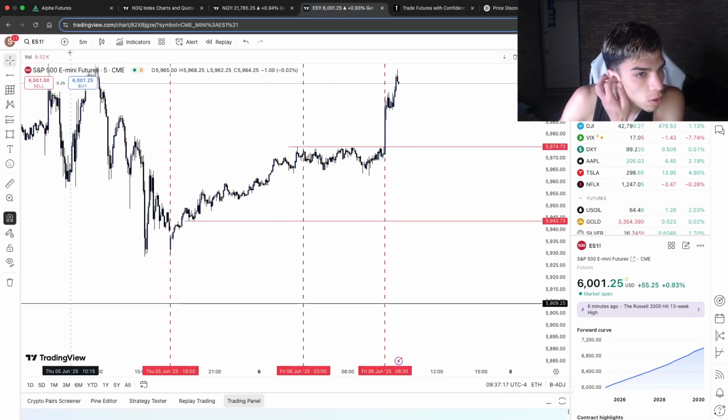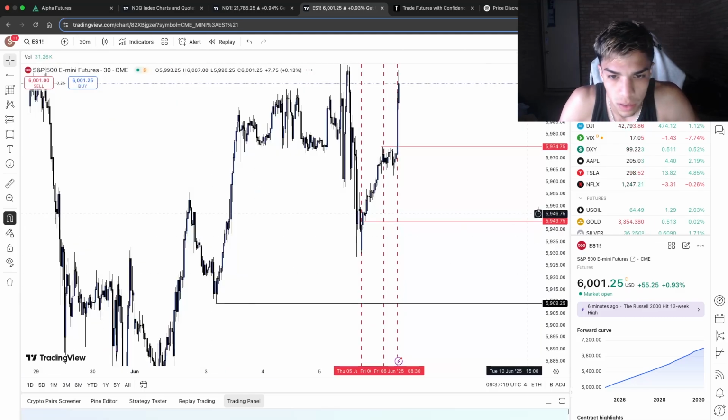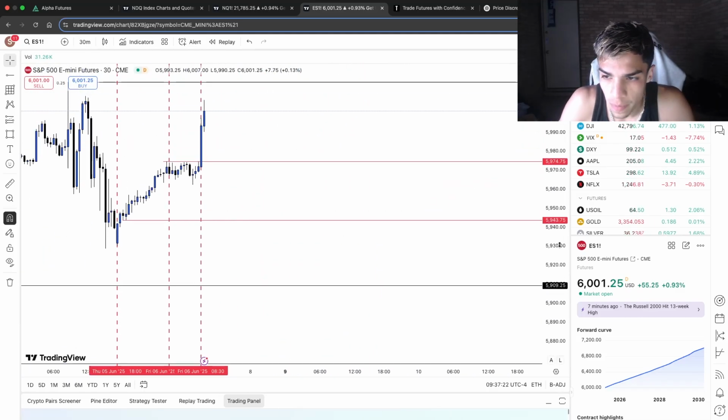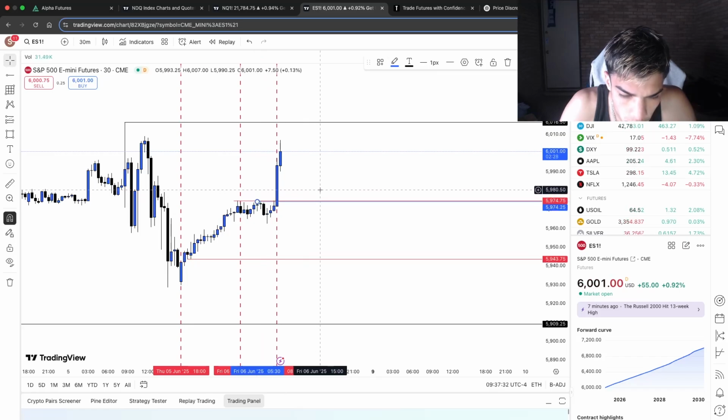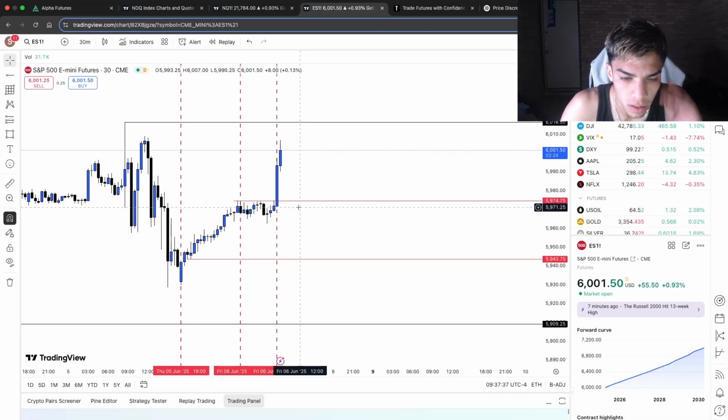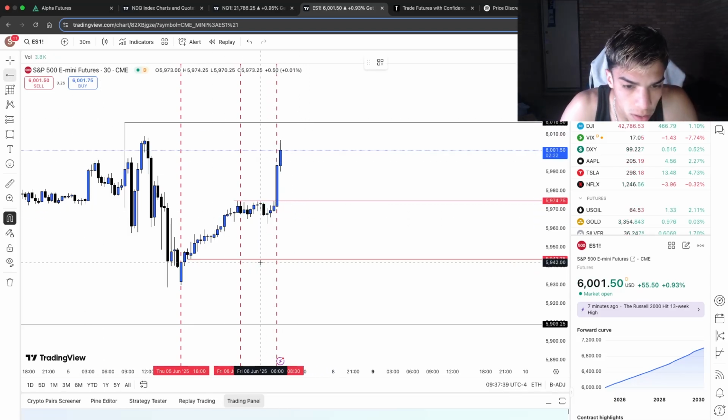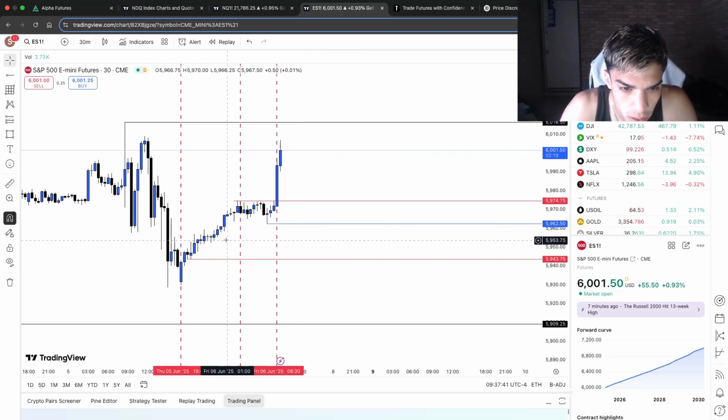Let's go to the 30-minute time frame because the London session high would be right here. Okay, it got swept out by the Asian session. Let's just mark out London session lows then. London session lows right here.